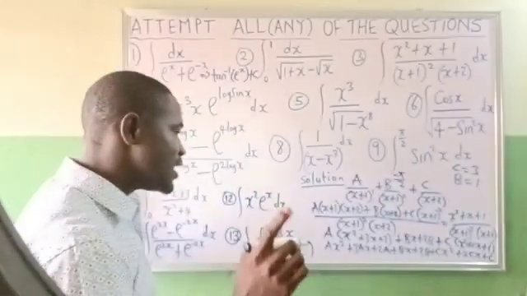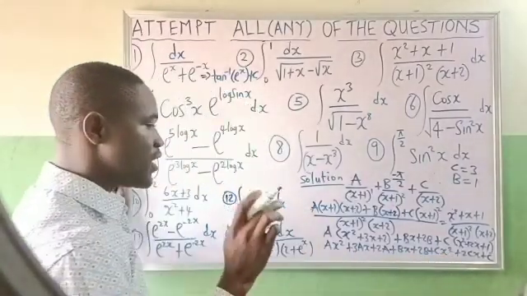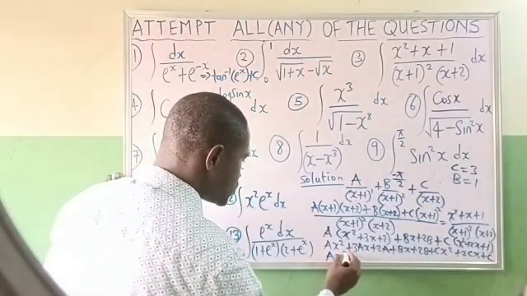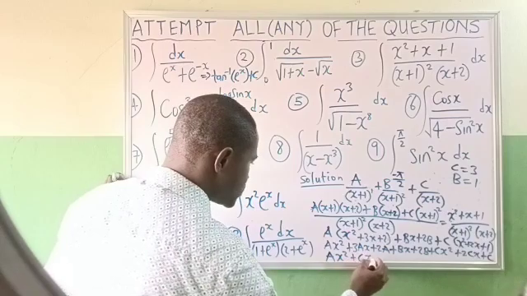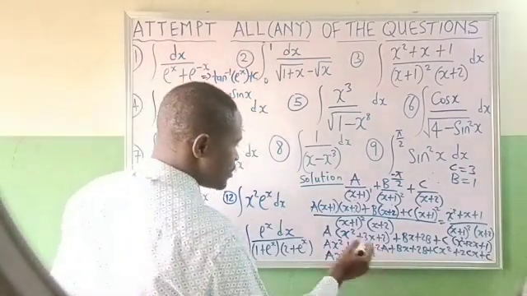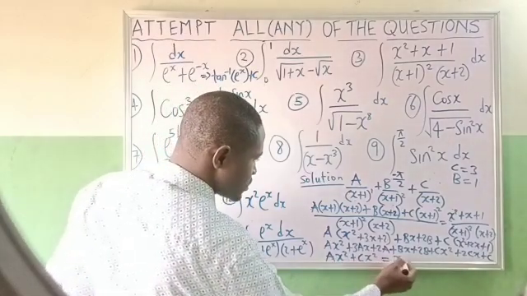Now our concern is to collect those that have power of x squared. We now say we have ax squared plus cx squared. They are the two that have power of x squared. We say this equates to x squared.